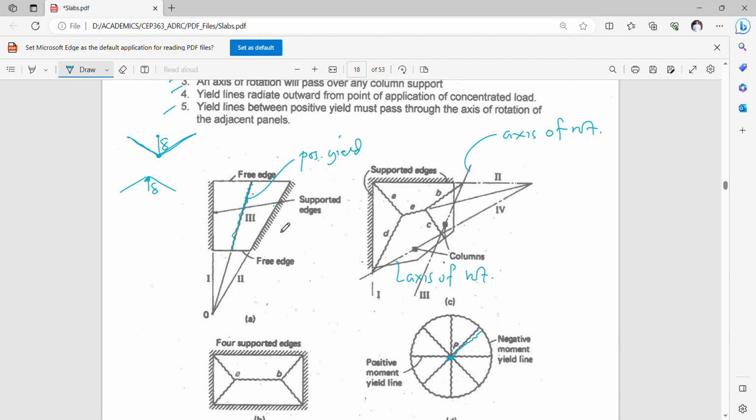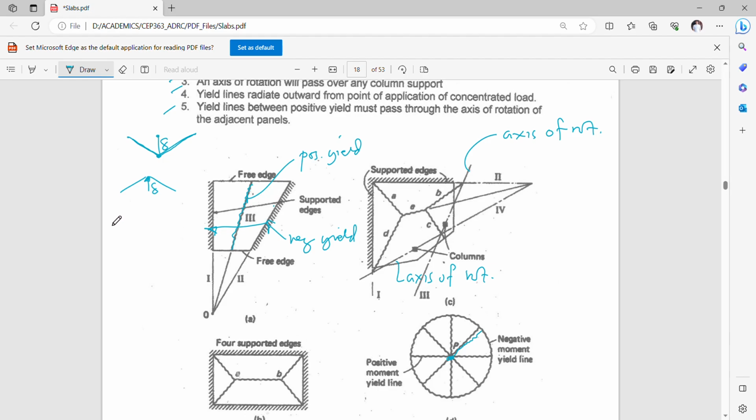The edges are negative yield. Okay, so support edges are negative yields and midspan rotations are positive yields.